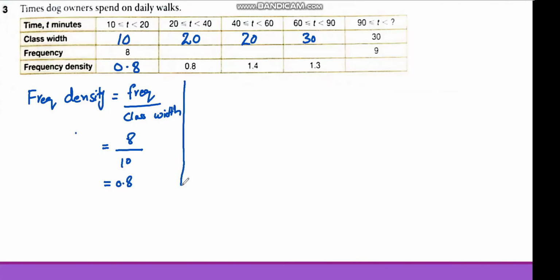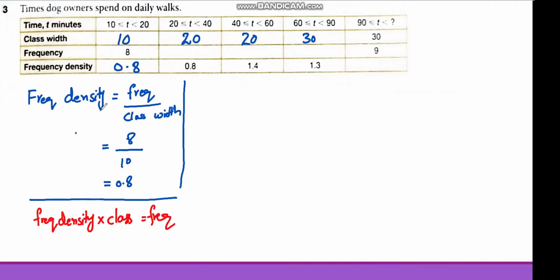In the next column, we are already given the frequency density and we don't know the frequency. So we will use the same formula to figure out the frequency: we just multiply the frequency density with the class width to find the frequency. We just rearranged this formula. So the frequency will be equal to 0.8 times the class width, which is 20.